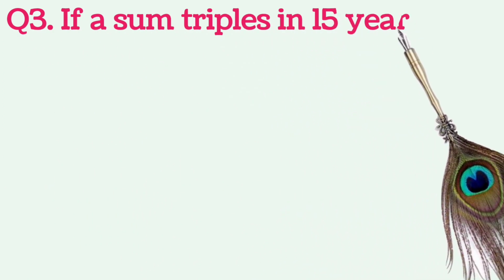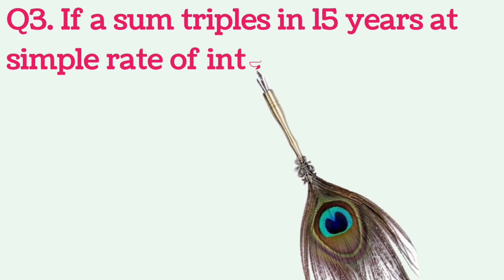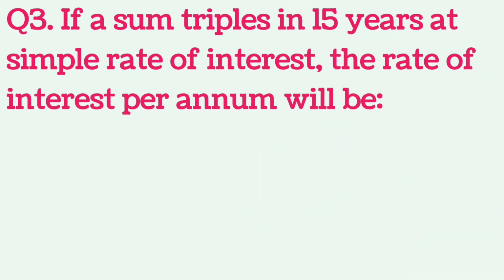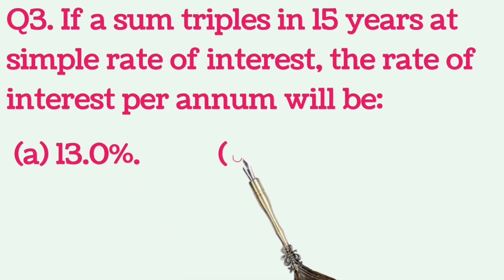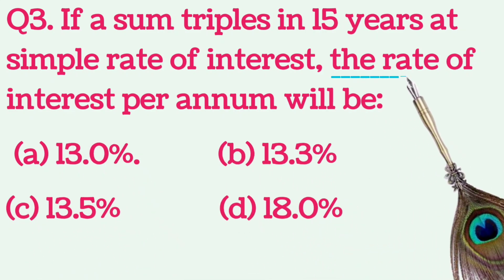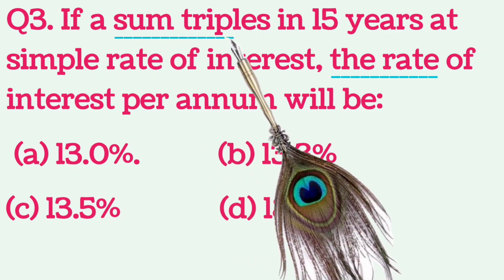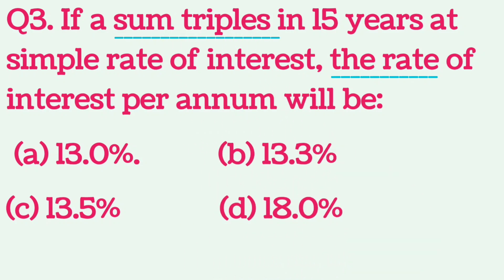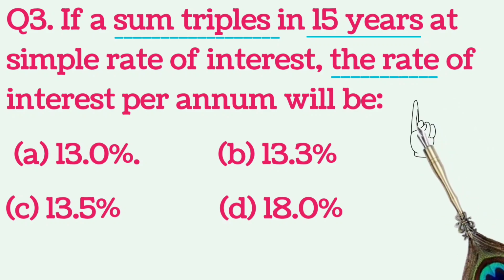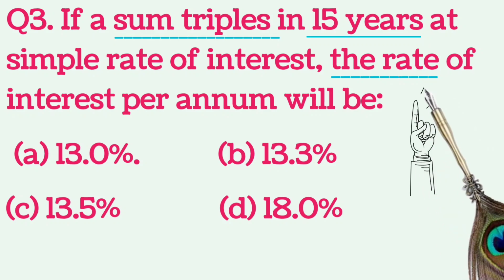If a sum triples in 15 years at simple rate of interest, the rate of interest per annum will be what? Here in this question, they have told us to find the rate, where they have told the sum will triple. They have given the time as 15 years, the only thing to find is rate.